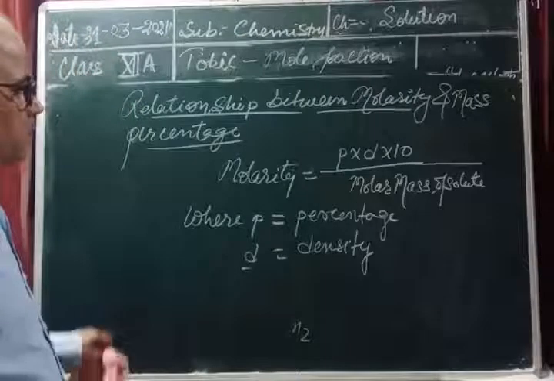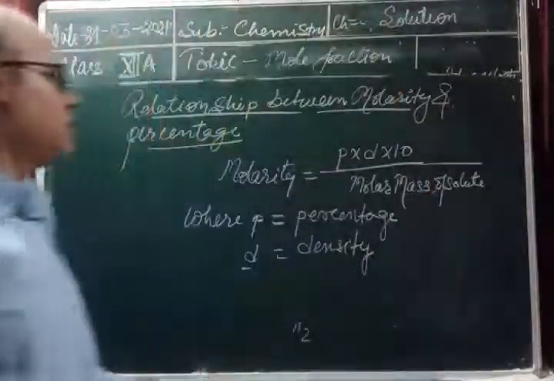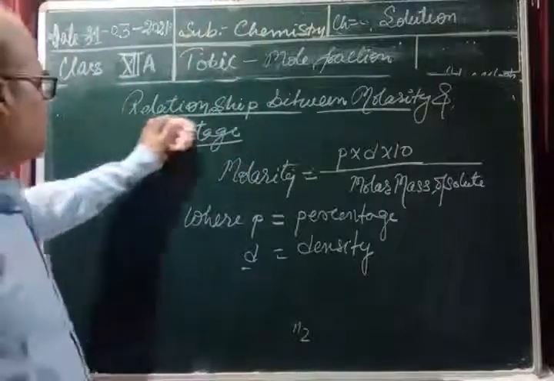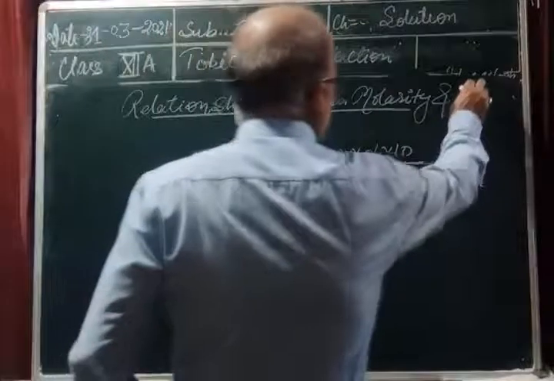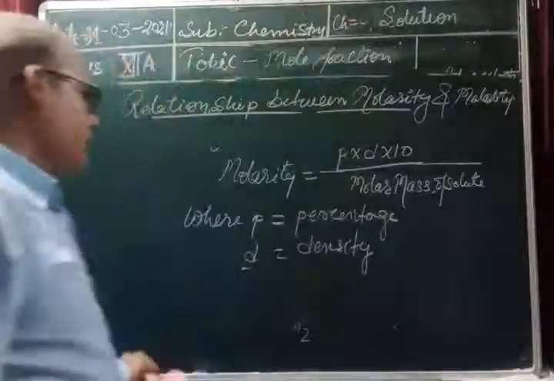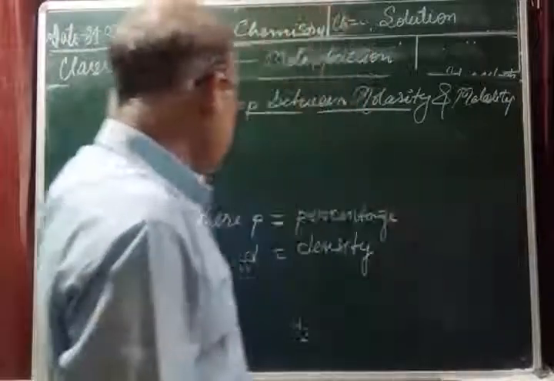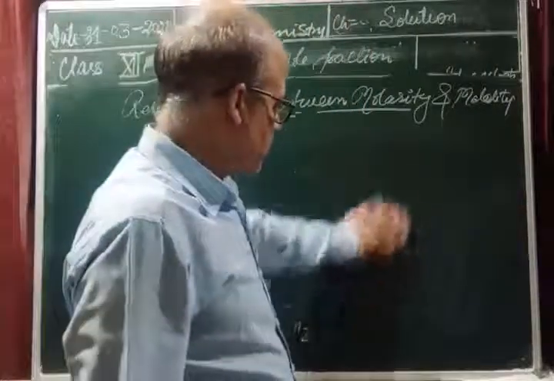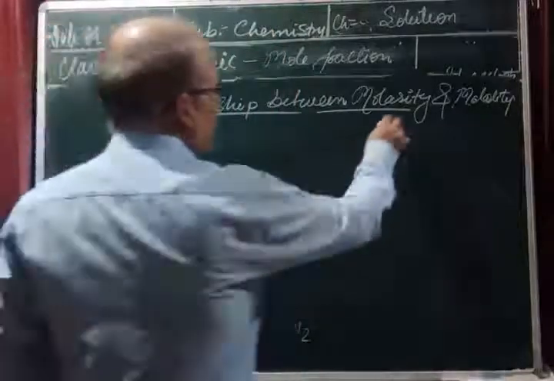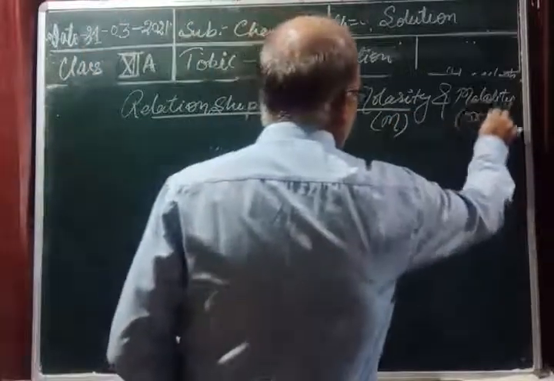Now we will see the relationship between molarity and molality. If you have written down, then I will erase this one. If you can use this formula, then you can solve any numerical very easily. As you know, molarity is denoted by capital M and molality is denoted by small m.